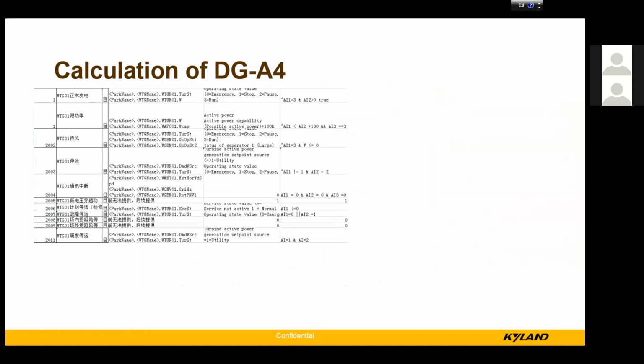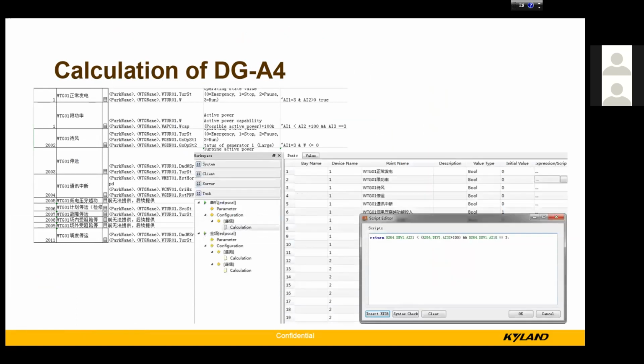it is not 100% completed, and some points cannot be generated from the turbine directly. So we use the DGA4 to do some simple calculation here. For example, they can update the analog 1 and the analog 2, but they cannot get another point.